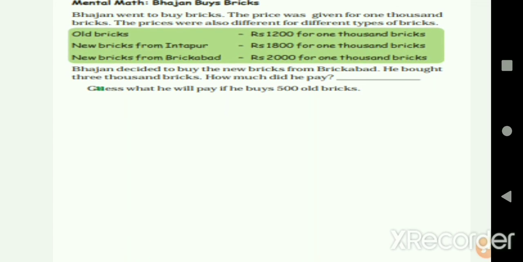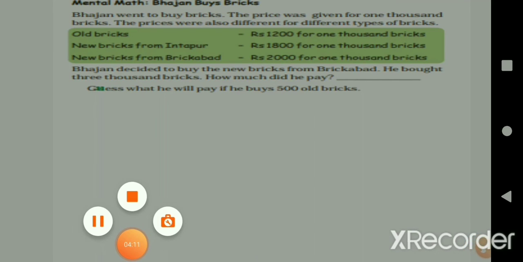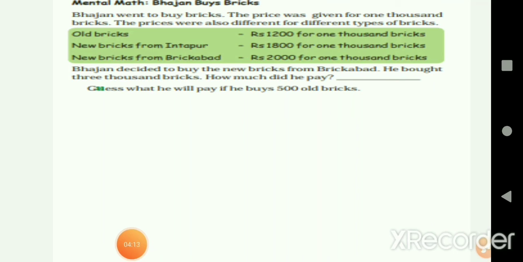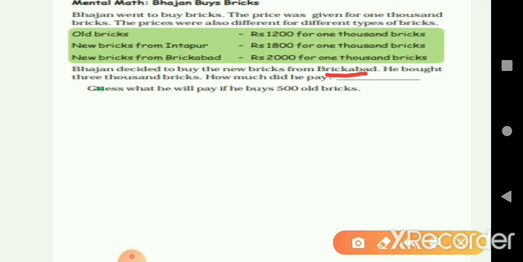So here the first question is given. See this one. Bhajan decided to buy the new bricks from Brickabad. He bought 3000 bricks. How many? 3000 bricks. So how much did he pay?